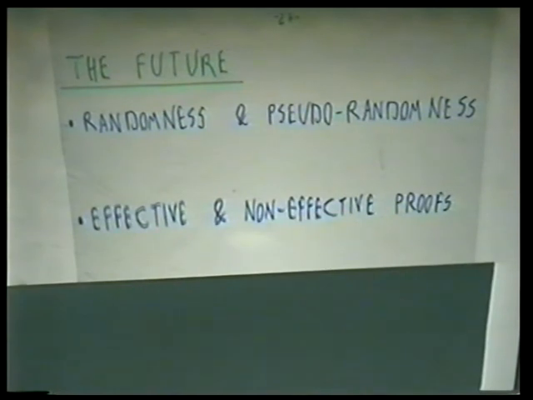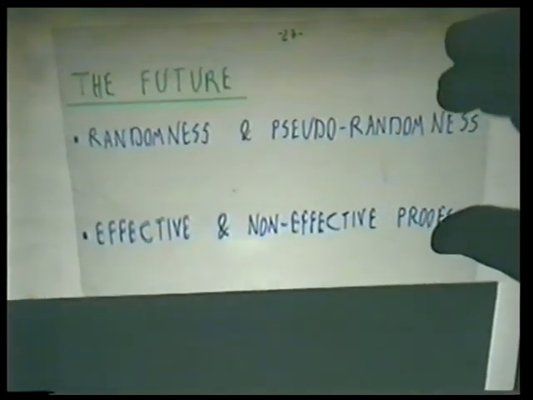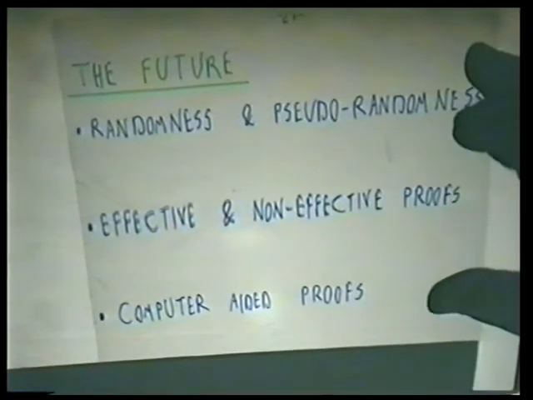So it will be interesting to see how people will come to peace with this contradiction. We will try to have more effective proofs, but on the other hand it would be natural to use non-effective tools.